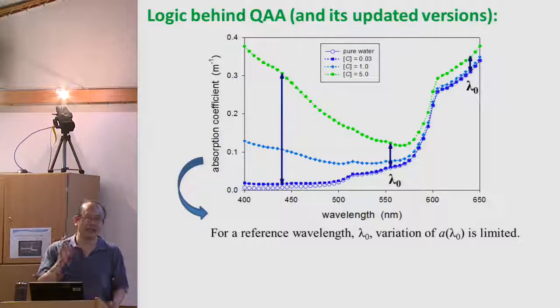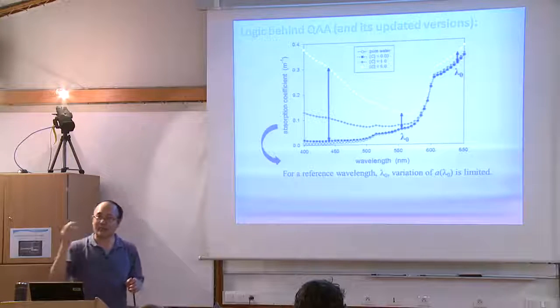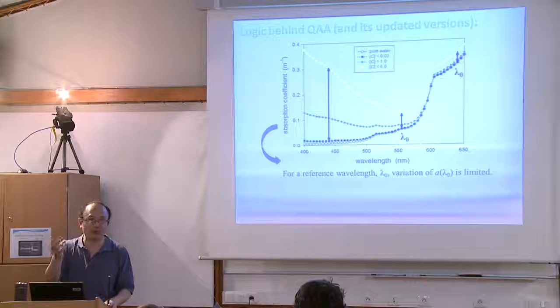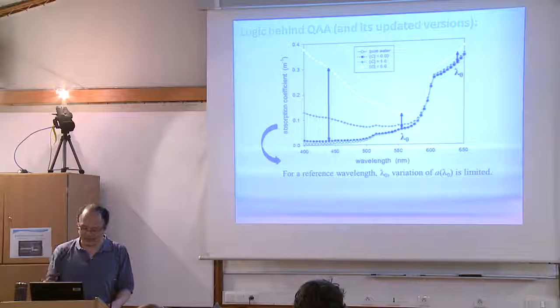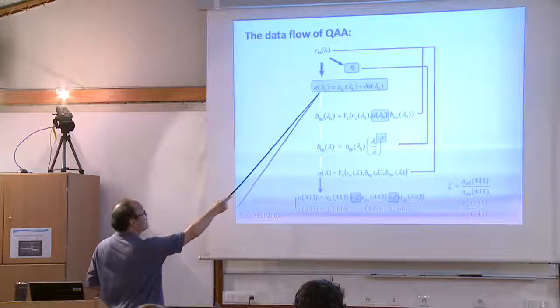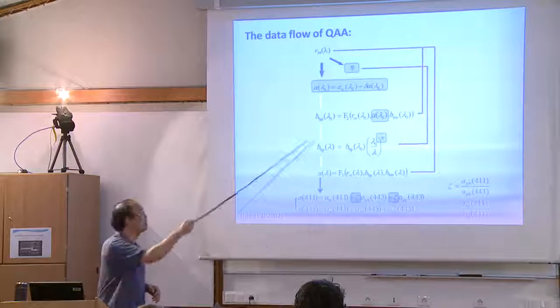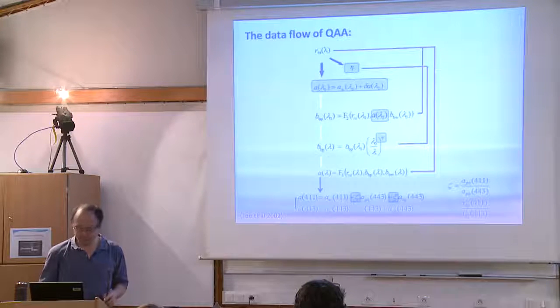So that's why in QAA we use 555 or 670 as the initial wavelength, or the reference wavelength, to get the absorption coefficient. At that point, we start the calculation here, then propagate everything to the shorter wavelengths. Clear?